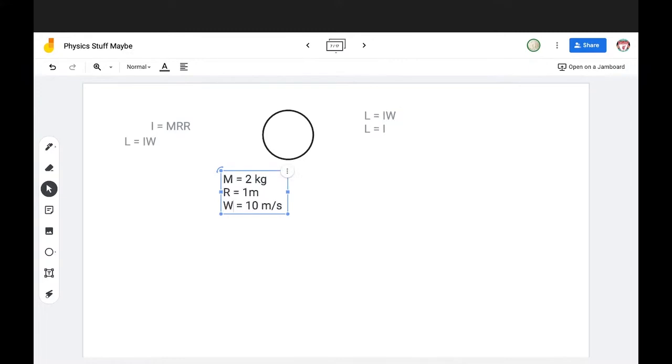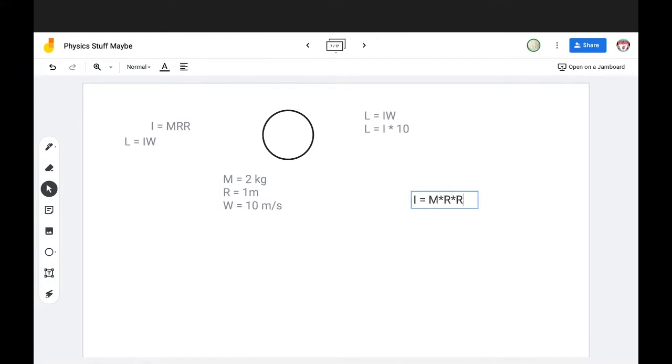And so L equals I. We don't know what I is yet, but we'll come back to that. And we're going to multiply that by our angular velocity, which is 10. Now we have to find out what I is to be able to solve for L. So let's do that. We know that I is equal to mass times the radius again.